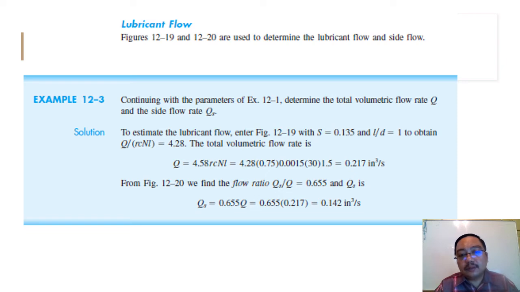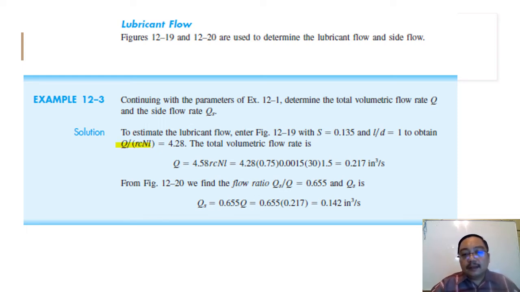So the solution is to estimate the lubricant flow. Enter figure 12.19 with S equals 0.135 and L over D equals 1 to obtain the Q ratio. Q over r c n L equals 4.68. How do you get this number? It is from the graph in the next slide.